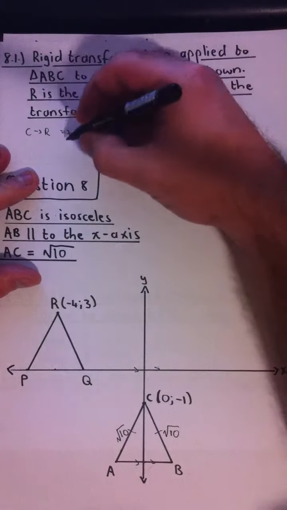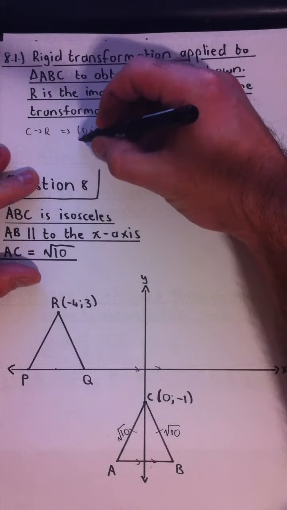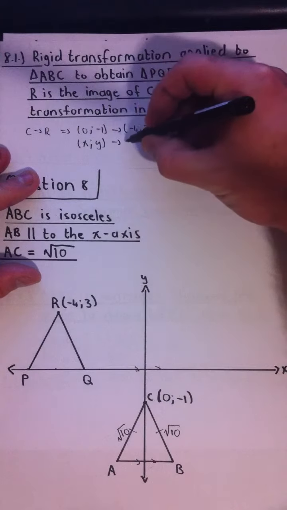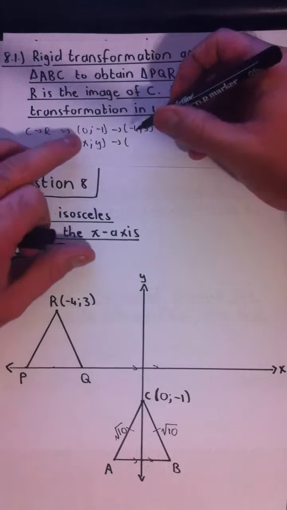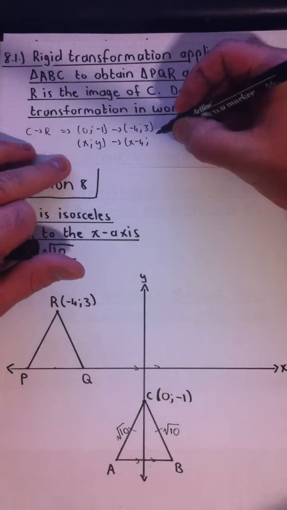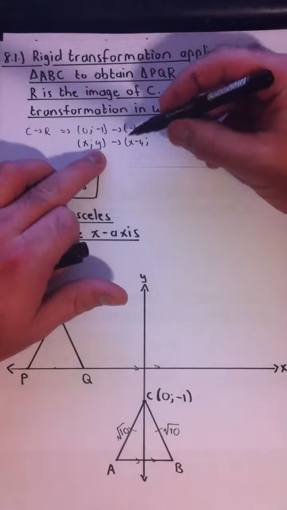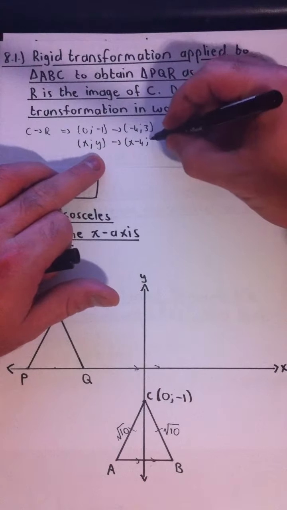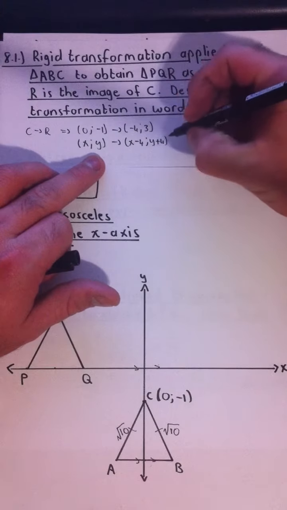Well, from 0 to negative 4, we had to minus 4. So that was our original x value, minus 4. And for y, from negative 1 to get to 3, we had to add 4. So it was y plus 4.